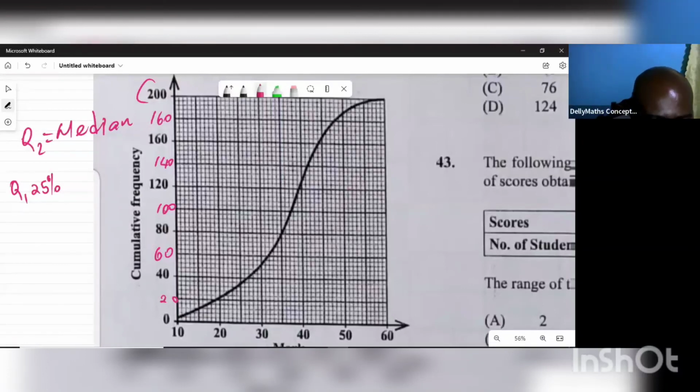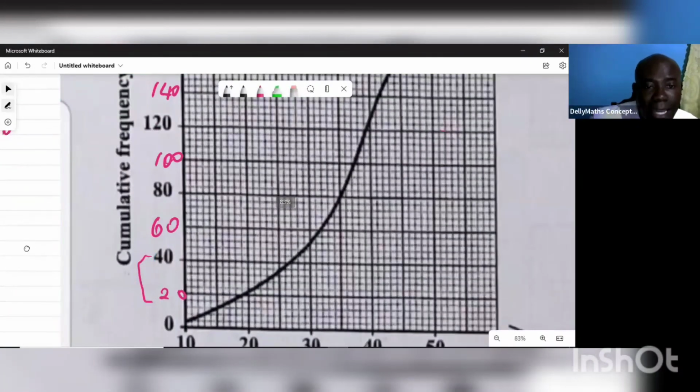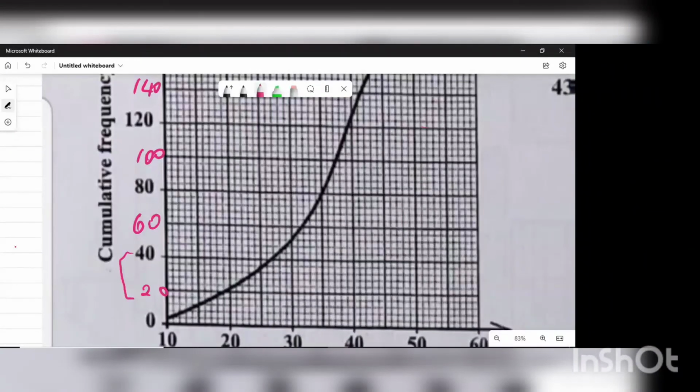This is 20. So one of these lines is 4: 2, 4, 6. So this is 4 because you're going up by 20 here. This is 20, so one of these little lines is 4. Think about it, guys. Let me blow it up for you. You agree? One of the little lines is 4. You understand? Yes. So this is 24.